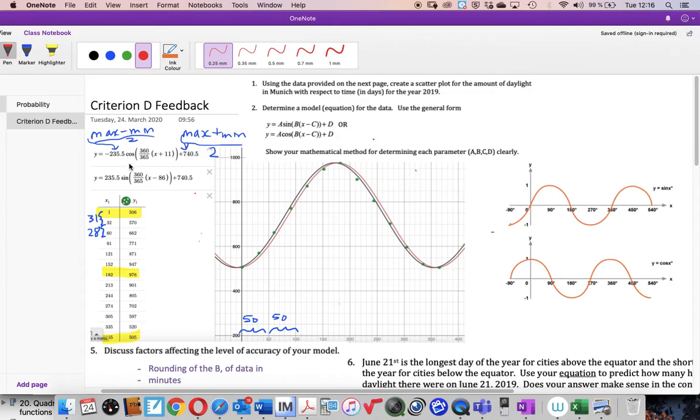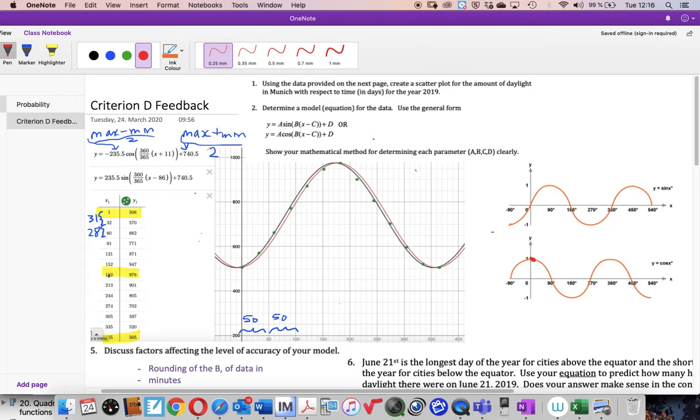So here we go. If you use the cosine, okay, we know that the cosine starts at the maximum. So one of the things that you could have done is you could have used the max, and you could have just shifted the cosine 182 days to the left.